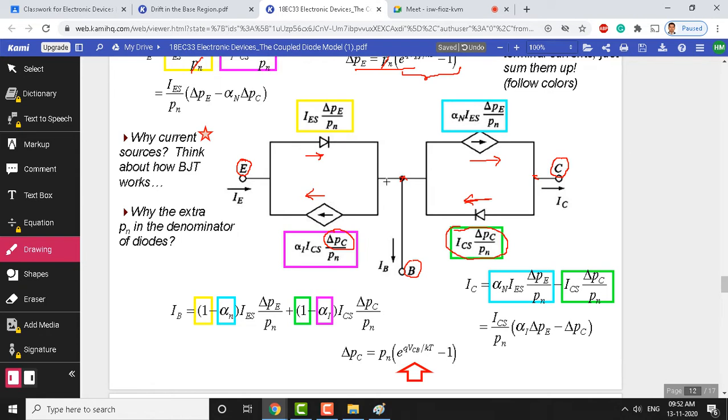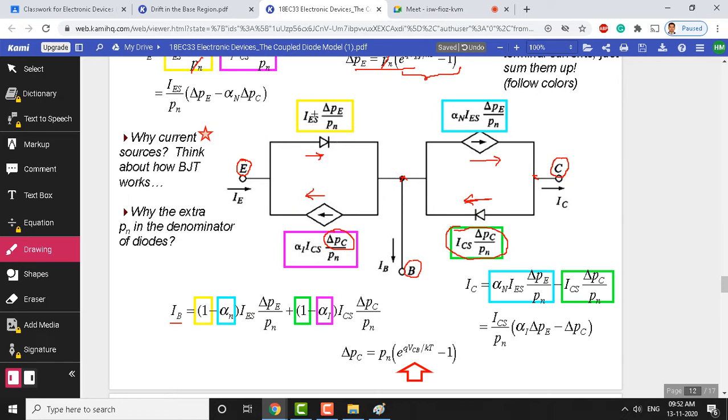Observe this current through the diode in the normal mode. It is entering this base terminal. So, therefore, you can see this base current is made up of four components in total: the diode, the current source, the diode, and the current source. Let us analyze them one by one.